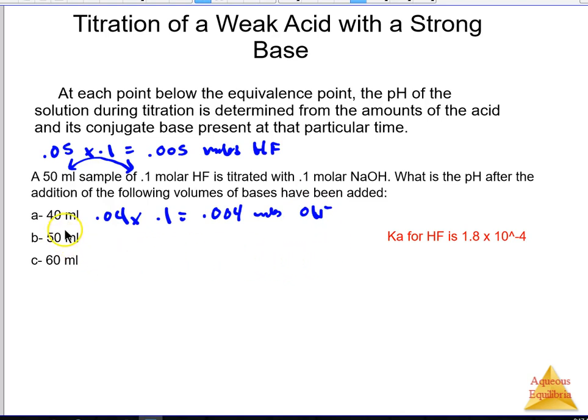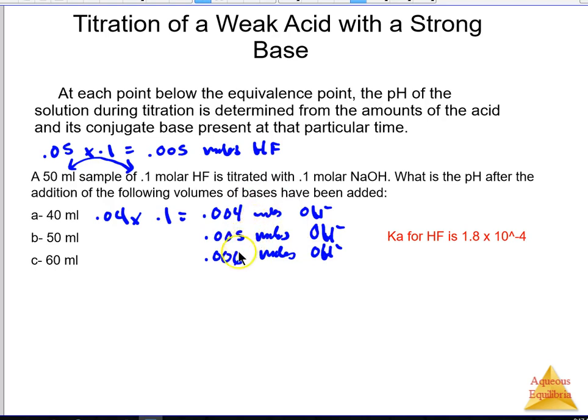And this isn't too hard. Then this would just sort of be the same. So it'd be 0.005 moles OH minus for B and 0.006 moles OH minus for C. Good so far? All right. So you have those numbers down because I'm going to erase them.